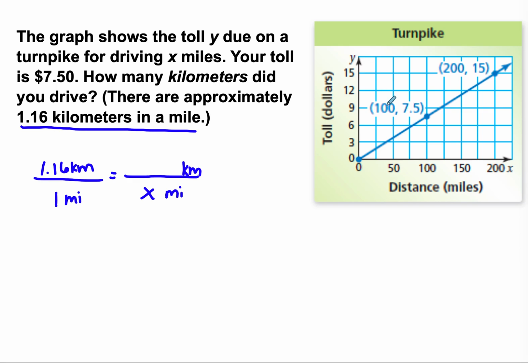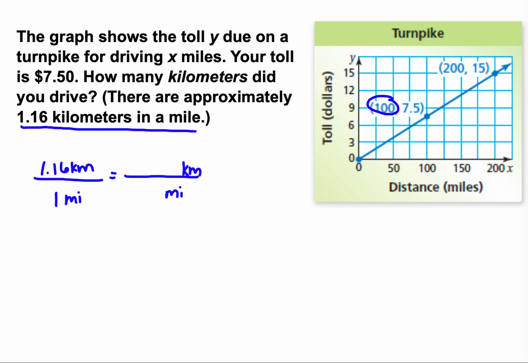If I paid $7.50, that means I drove 100 miles. Ooh, let's see. It says x miles, but my number of miles actually here is 100. I need to erase what I wrote here. An eraser? Nope. There we go.